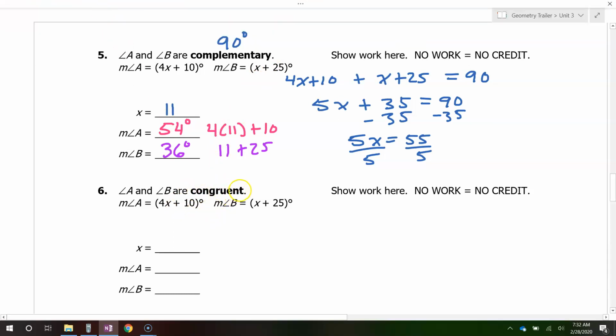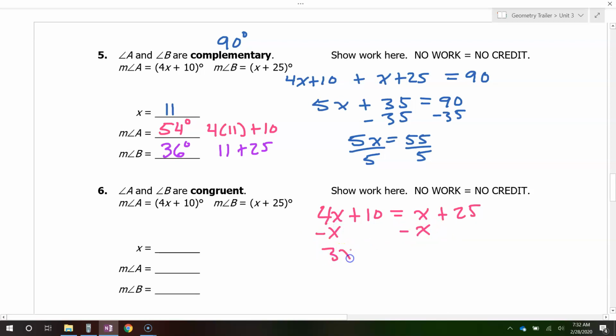Now, these are congruent. That means we can just set them equal to each other. So this will be 4x plus 10 equals x plus 25. Since these x's are on opposite sides of the equation, I can't just combine them. I have to subtract x from both sides.